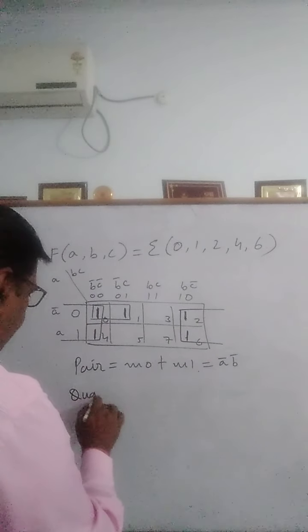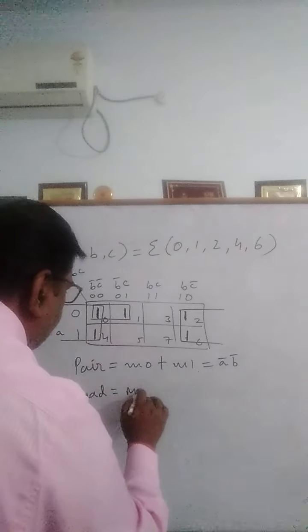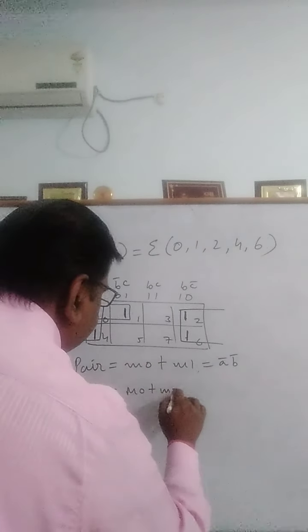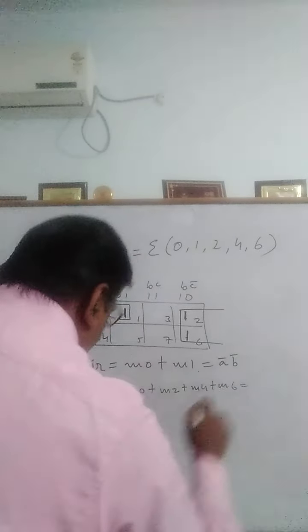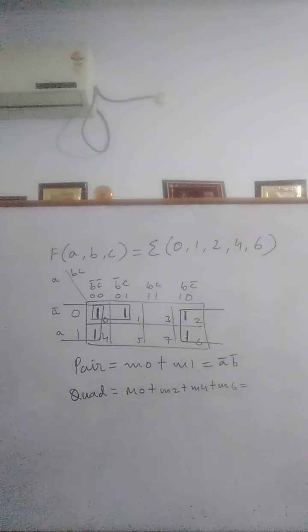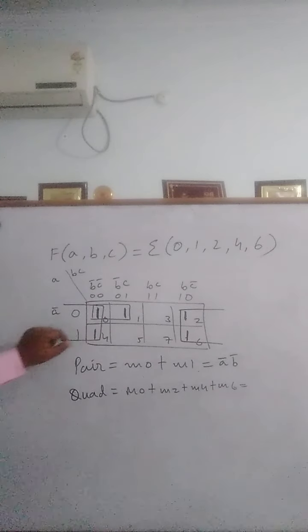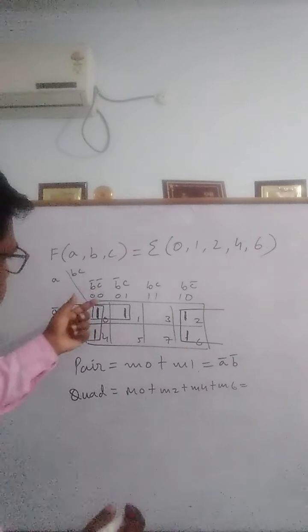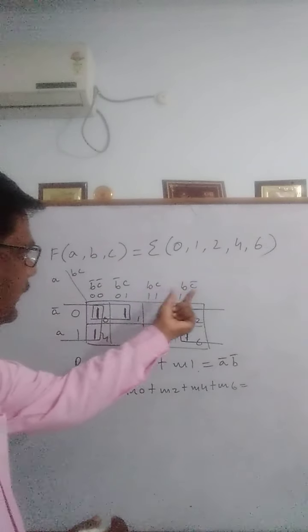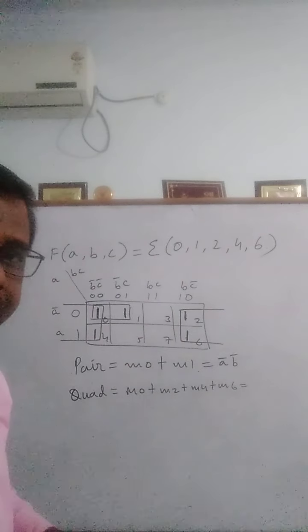Similarly, we take a quad. When we talk about a quad, you have taken M0, M2, M4 and M6. When you have taken these values, in the quad you will be considering A bar, A. You will also be considering B bar C bar and B C bar.